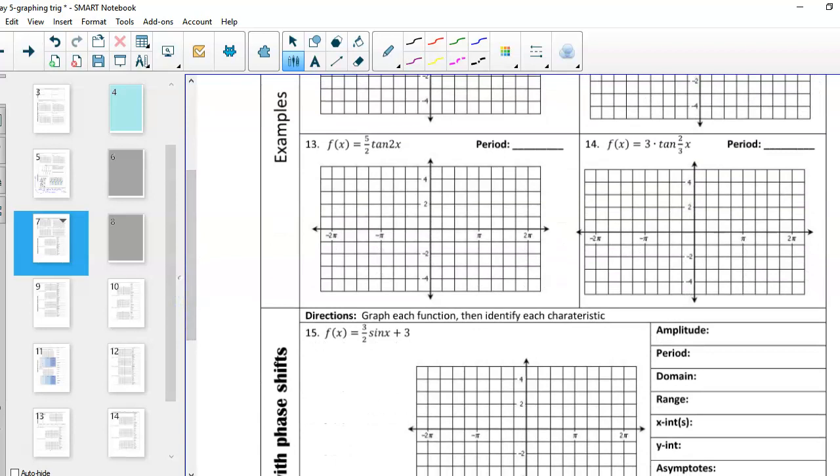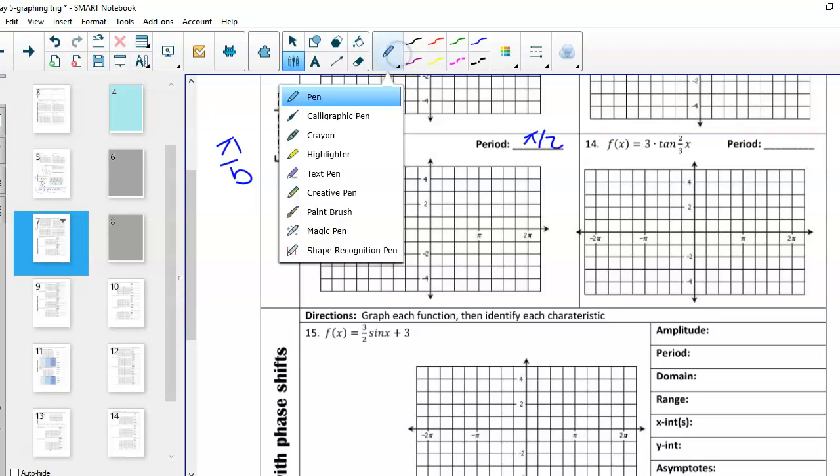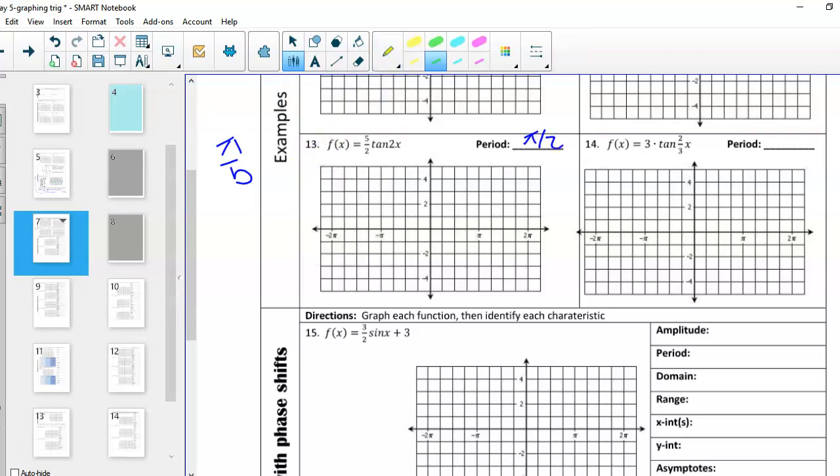For 13, notice that these don't ask what the amplitude is because the answer would be none. What is the period of this if we're using pi over b? Pi over 2. So if you look back at our original, our period was pi and it was at every multiple of pi over 2.